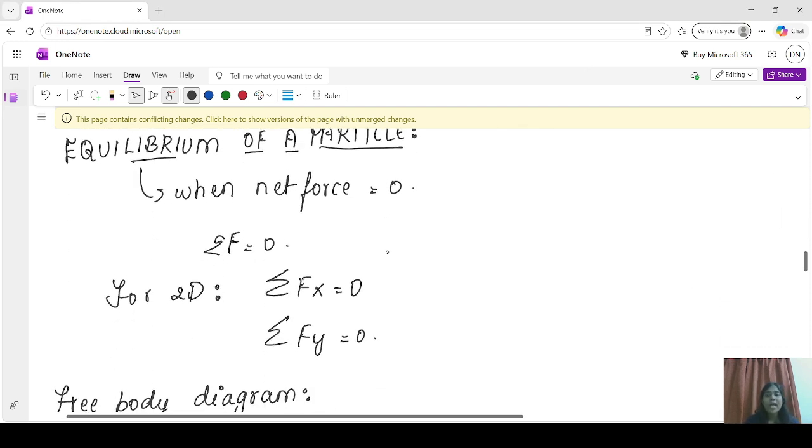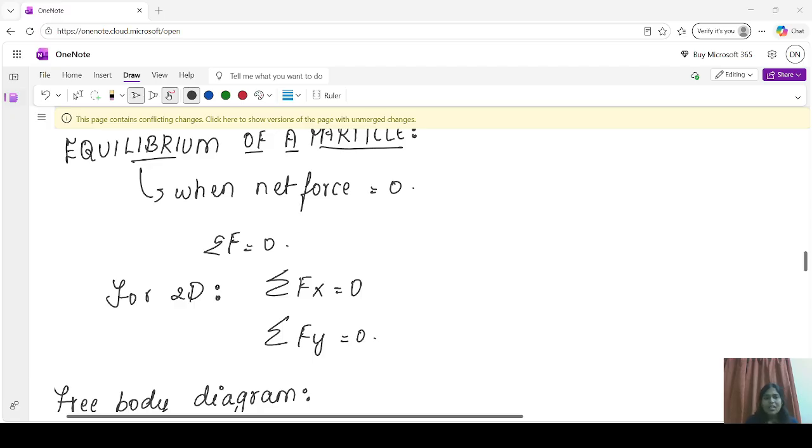And now, equilibrium of a particle. Let me first tell you what equilibrium is. A body is said to be in equilibrium when the net force acting on it is zero. So the net force should be zero in equilibrium. This means all the forces acting on the body balance each other.